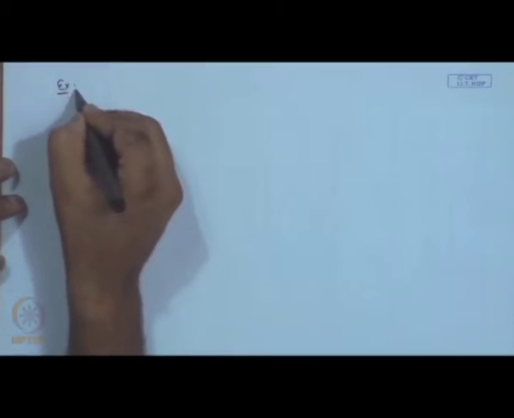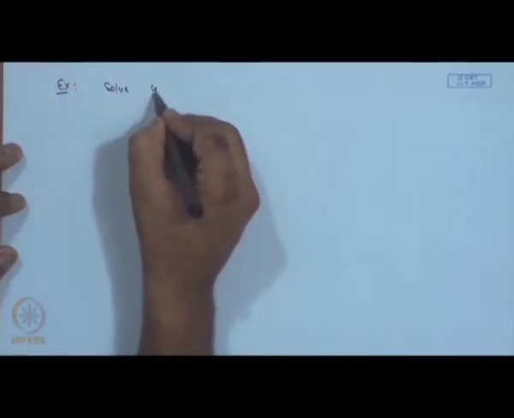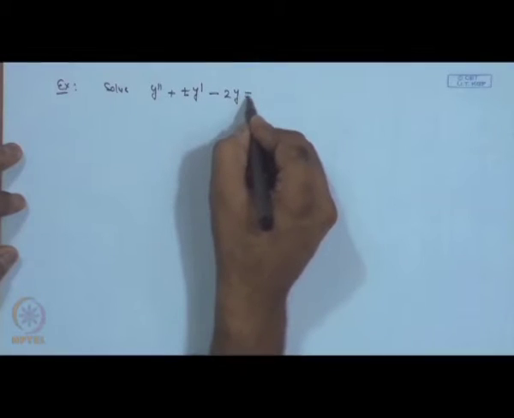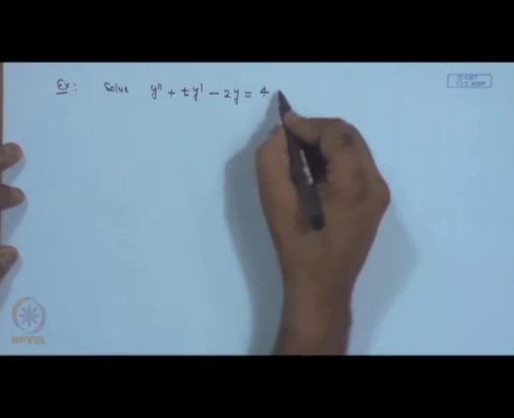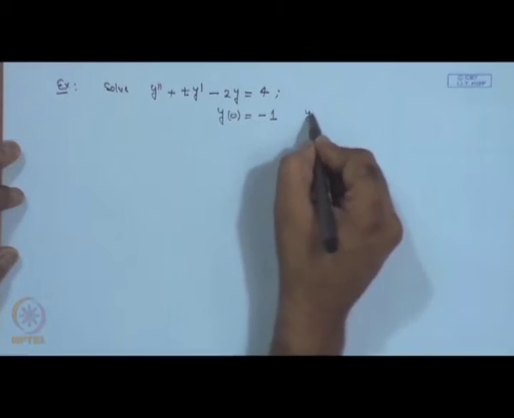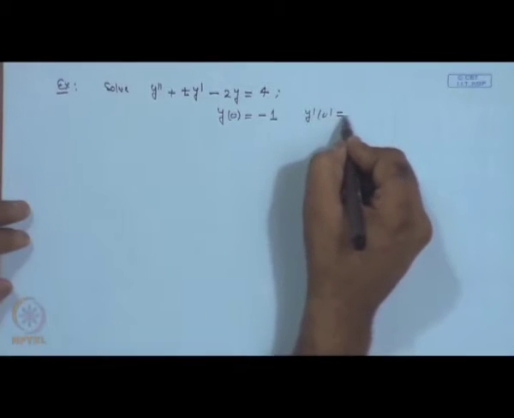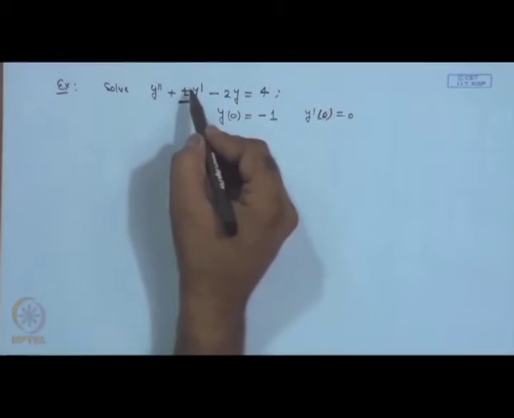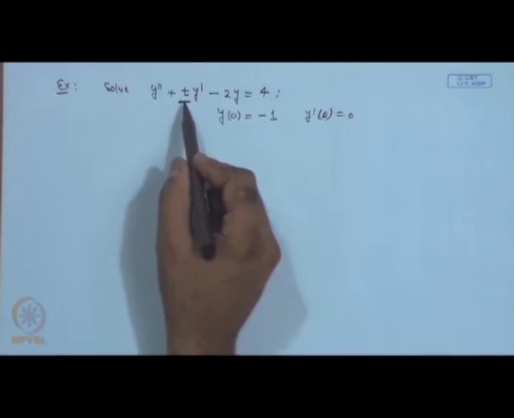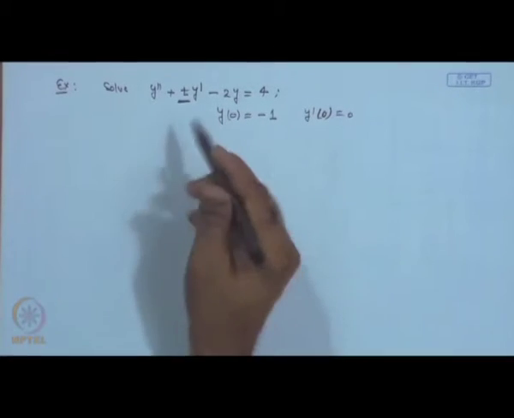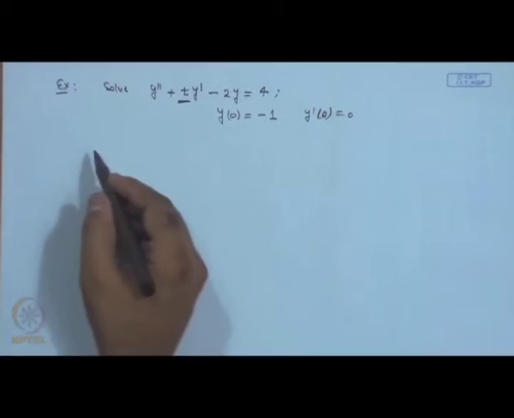For example, solve y double prime plus t y prime minus 2y is equal to 4, with initial conditions y(0) is minus 1 and y prime(0) is 0. Here the coefficients are not constant anymore, but polynomial in t. The procedure is the same, but this time we will get an ordinary differential equation rather than a simple algebraic equation.